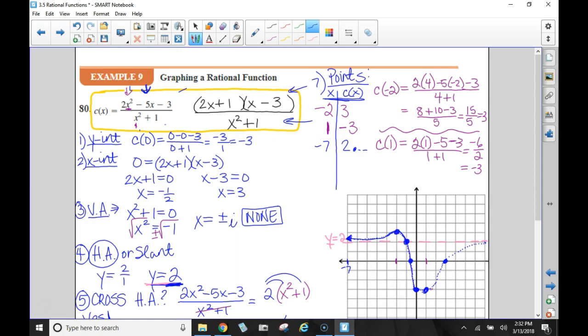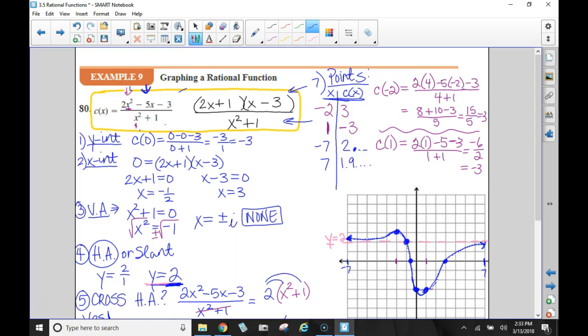And so what I think happens here as we kind of complete our graph and fill this in, I think it comes down here and it crosses, and then it probably has like a little relative min somewhere in between there. A little relative minimum value, does a little dip. And then it's going to take on here, and it's going to come along here and not cross on this side. Just get closer and closer to 2 there. Now again, if you wanted to let x be equal to positive 7, you would get something pretty close to 2, but it would be on the side of 1.9 something or 1.8 something.